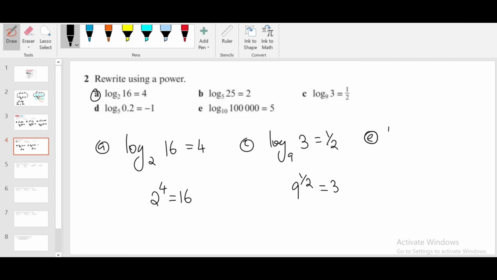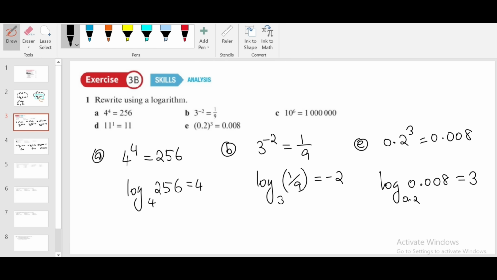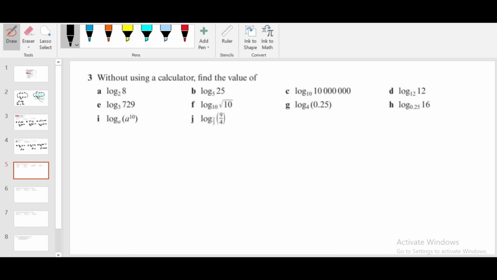Even for E, log 1 million to the base 10 is 5. Sorry, 1 million is 10 power 6. It's 100,000. So you can write it as 10 to the power 5 is 100,000. Understand? Okay. This is the basic. You should know how to rewrite using power, or you should know how to rewrite using logarithm. Understand? Let's look at the next question.